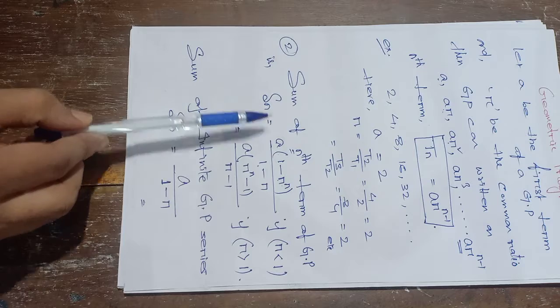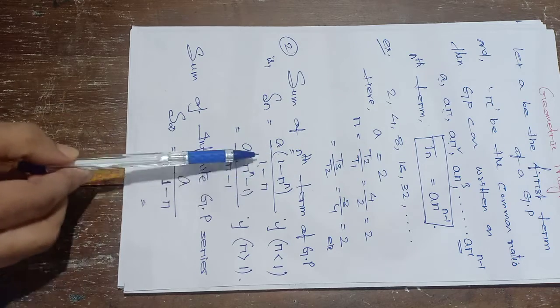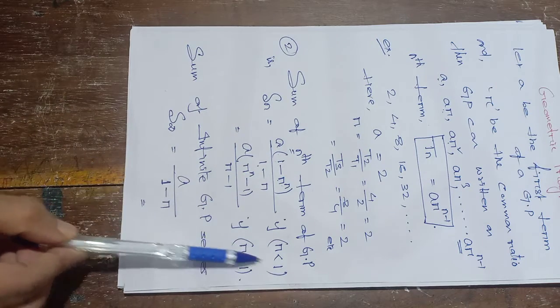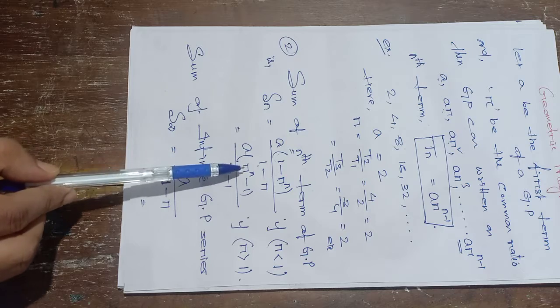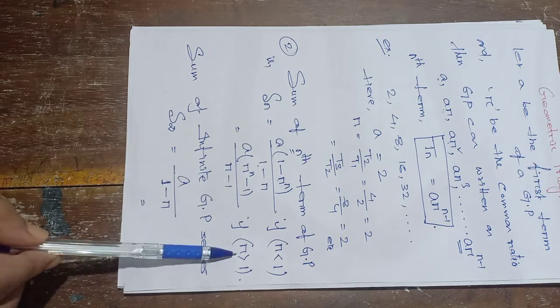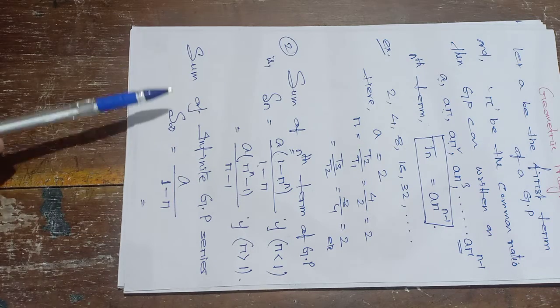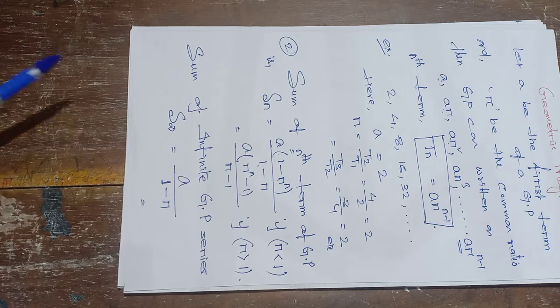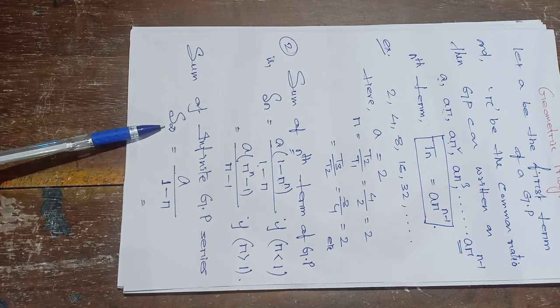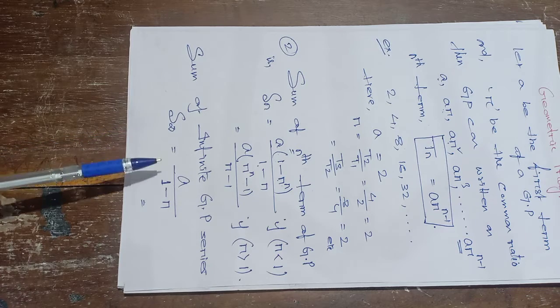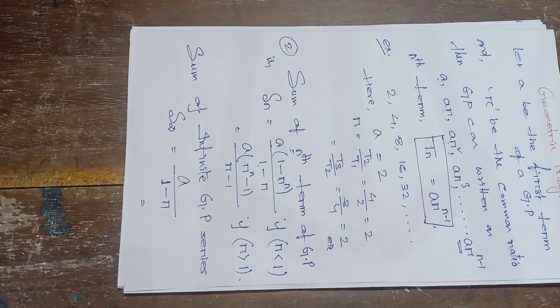One is Sn equals a into 1 minus r^n by 1 minus r if r is less than 1, and another is a into r^n minus 1 by r minus 1 when r is greater than 1. And in case the GP is an infinite GP series, then the formula for the sum is S infinity equals a by 1 minus r. Students, I hope all of you understood the basic idea of GP series.